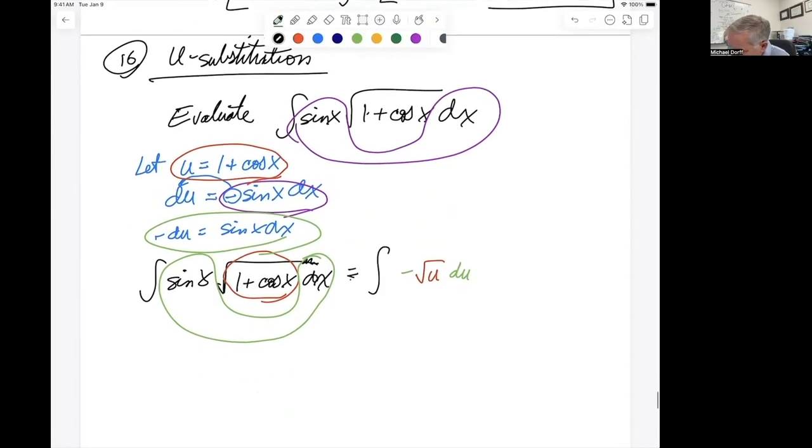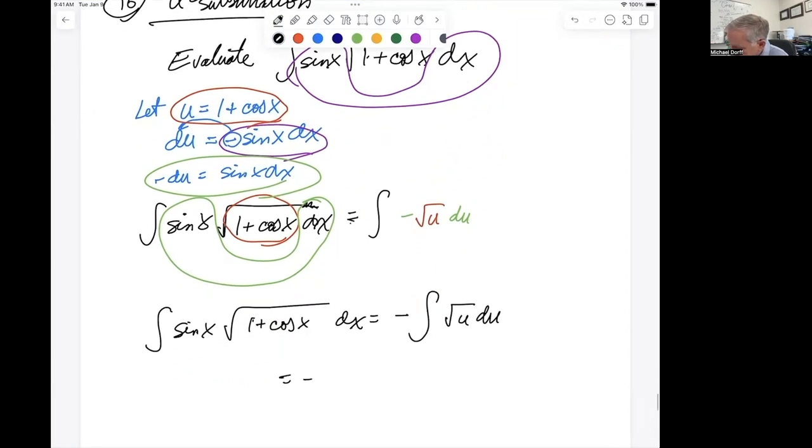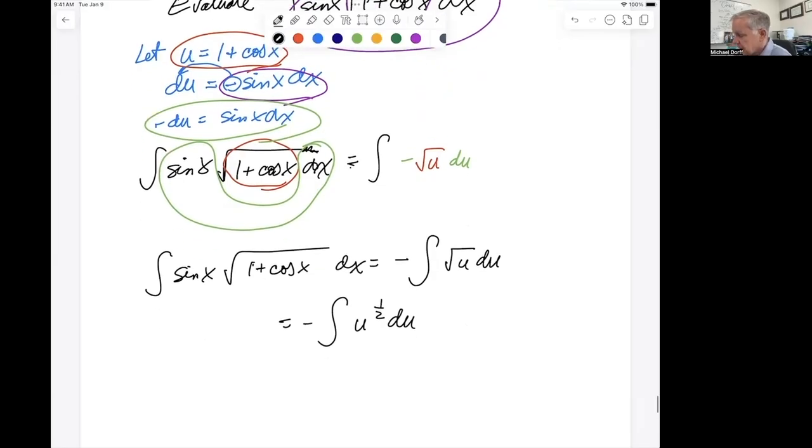So what I get is the integral of sine x times the square root of 1 plus cosine x dx equals the negative of the integral of the square root of u du, which is the same thing as the negative integral of u to the 1/2 du. Now I know what the antiderivative of that is.